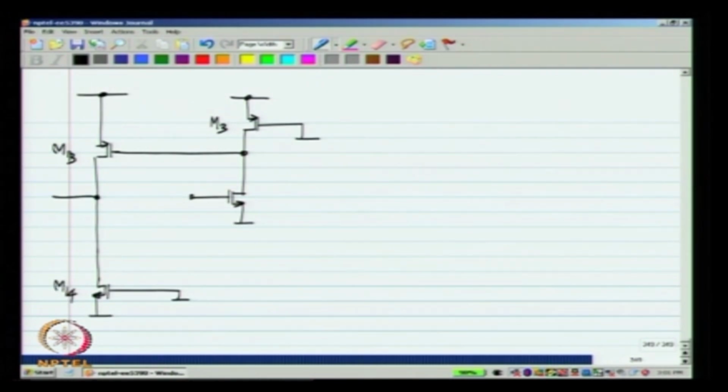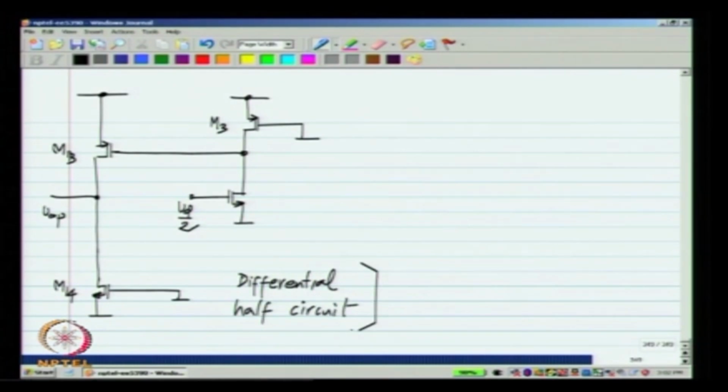Okay. So, this is the output. So, this is the positive input Vd by 2 and this is the output VOP. This is the differential half circuit of the fully differential two stage op amp. This is the first stage and here we have the second stage. Okay.